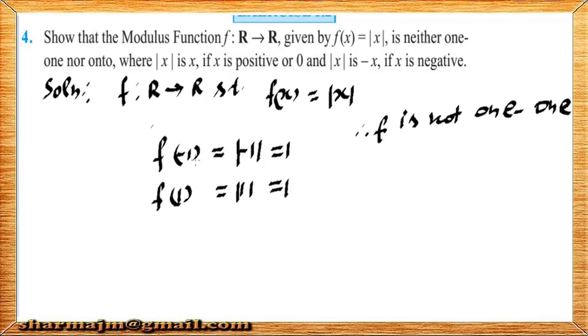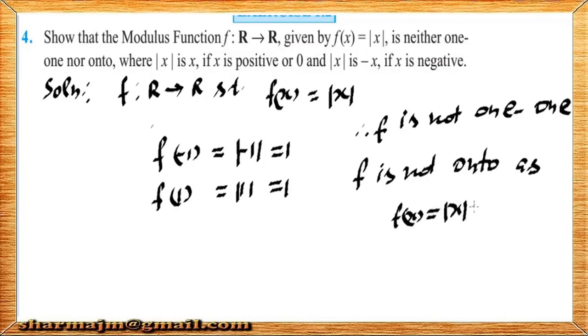It is many to 1 because minus 1 has image 1 under f and 1 also has its image 1 under f. Also this function f is not onto, as f of x, that is x mod, is always non-negative. So the range of this function will be non-negative. Therefore if you take any negative number on the right hand side, its pre-image will not exist in the domain.